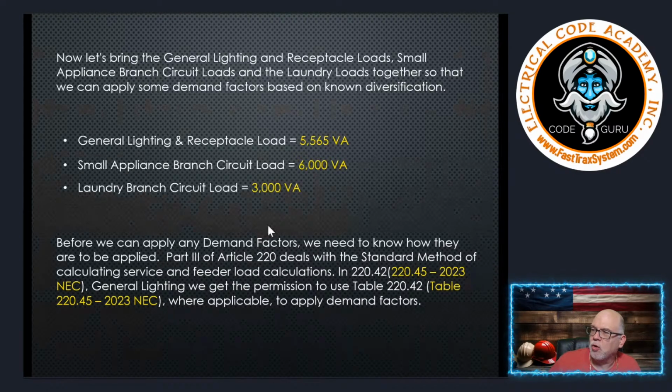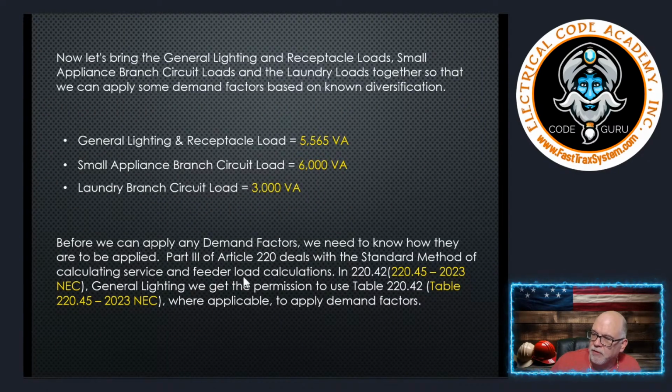All right, so there are the values. If you're looking in Part 3, the standard method, we're now going to apply some adjustments, some demands that we get to apply. So 220.45. We get the permission to have the general lighting also include those general use receptacles in this demand.